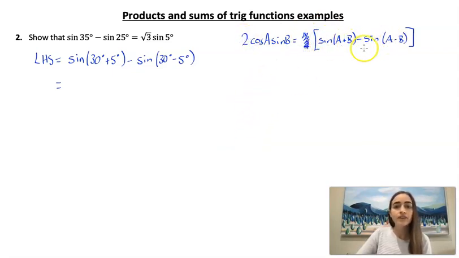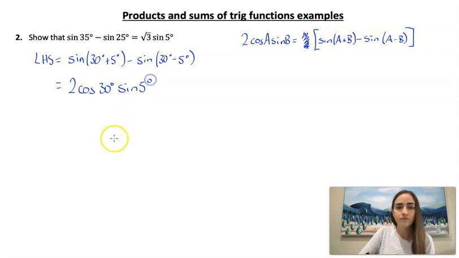Now, what we have over here looks very similar to what we have in our problem. So we're going to go from this right-hand side and manipulate it to look like this left-hand side here. So we're going to end up with 2 cos. Now, in this case, our a's were 30s and our b's were 5s. So we're going to have cos 30 degrees, sine 5 degrees.